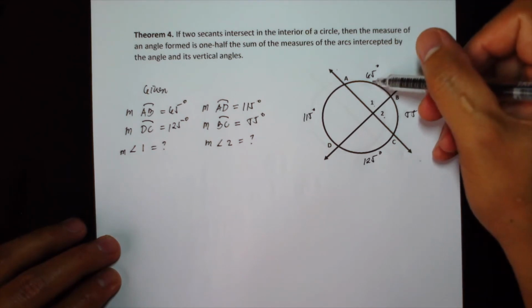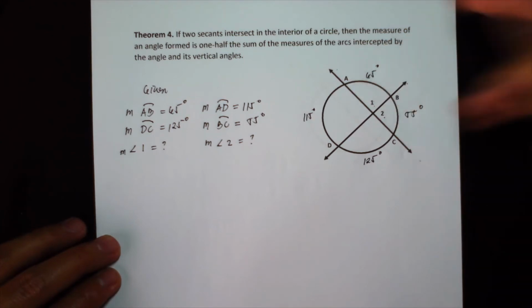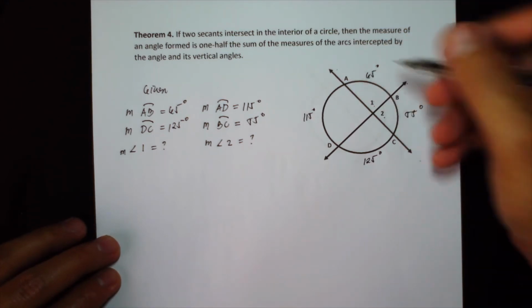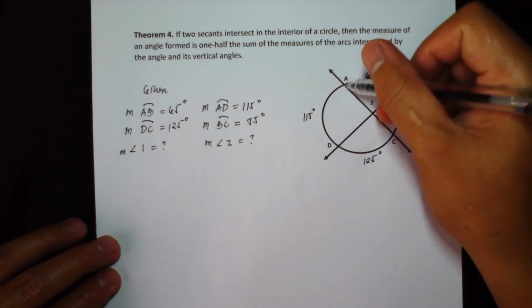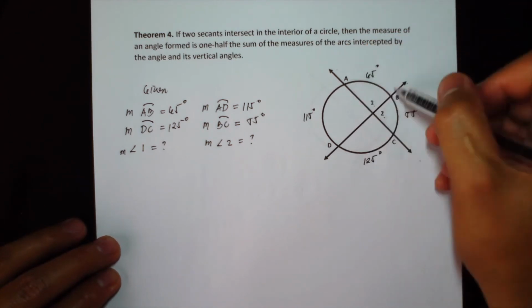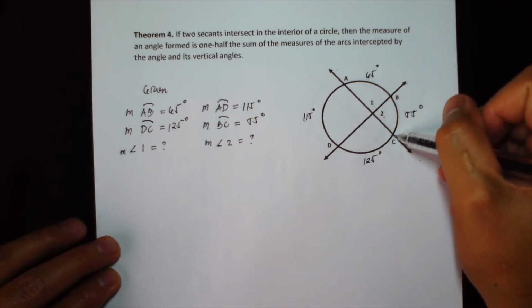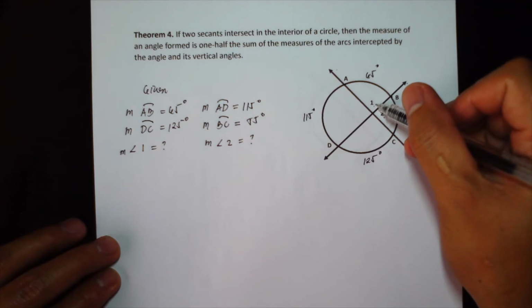The intercepted arcs are arc AB and arc DC. Those are the intercepted arcs of angle 1.